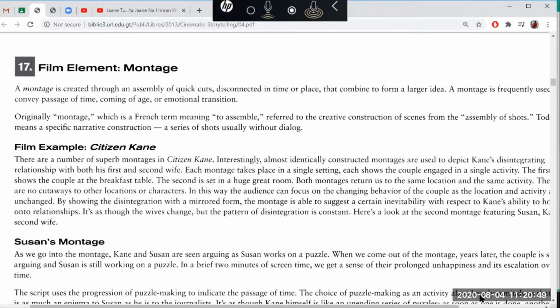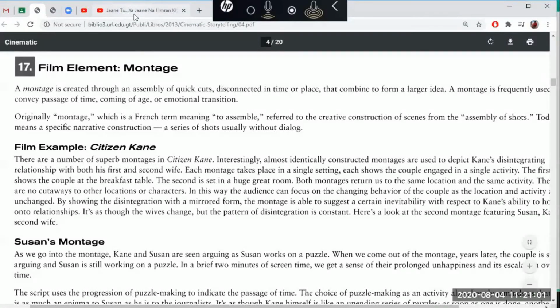I have said it before that if you are familiar with editing, I can try showing you what the editing screen looks like. Just hold on a minute. So let's share a different screen.